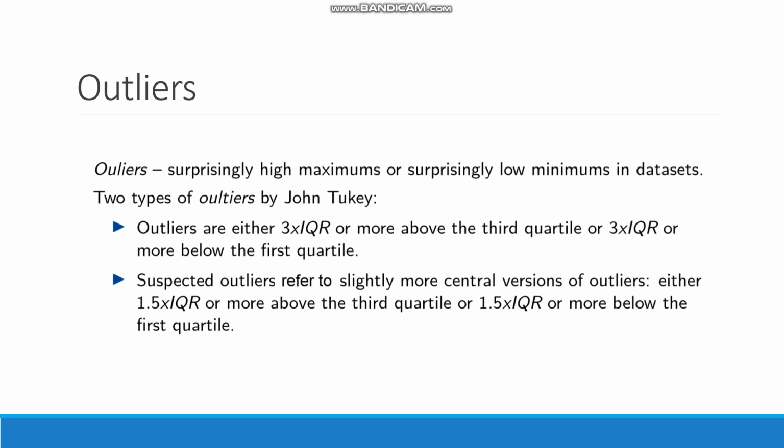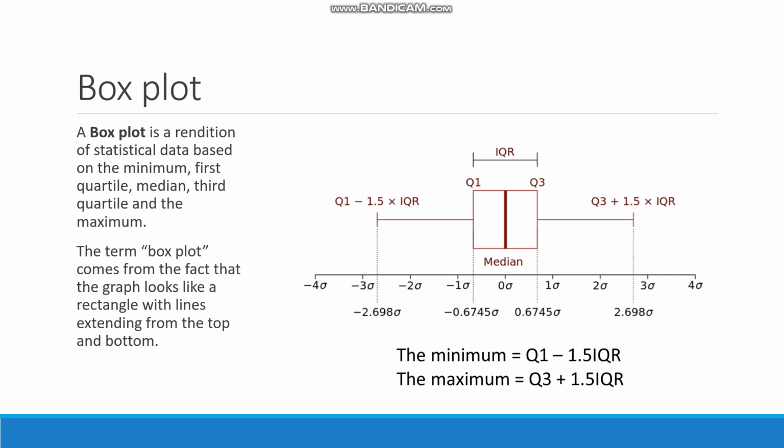The outliers are put outside the borderlines situated below the first quartile and above the third quartile. Whenever these borderlines are determined by multiplying the interquartile range by 3, we speak about outliers, and if these borderlines are determined by multiplying the interquartile range by 1.5, we speak about suspected outliers.